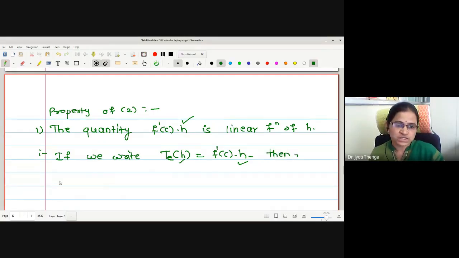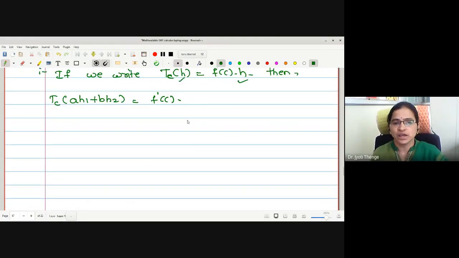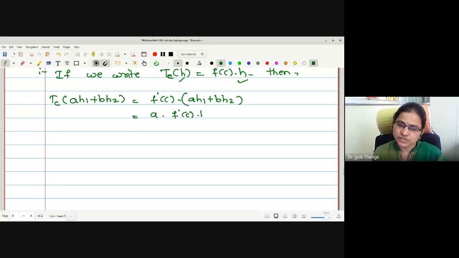Then, what is T_c(a h1 + b h2)? This is f'(c) into (a h1 + b h2). Simple multiplication to follow: a into f'(c) into h1 plus b into f'(c) into h2.